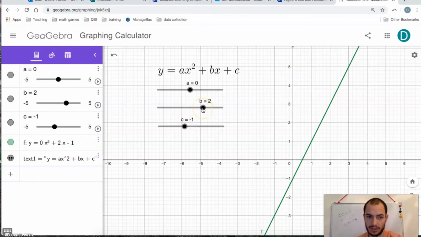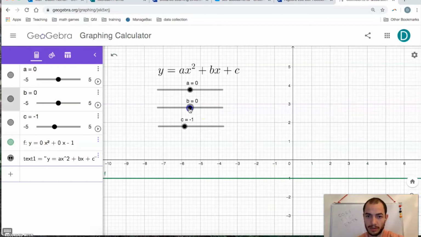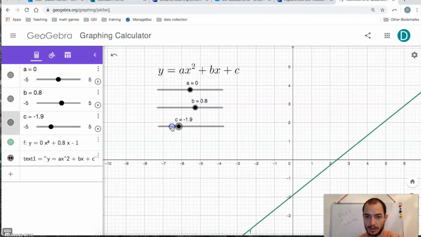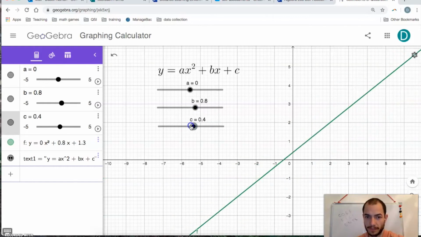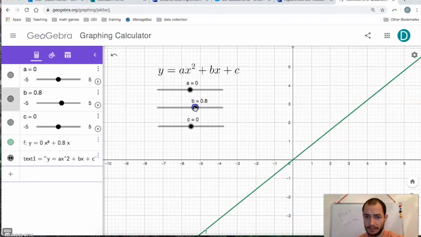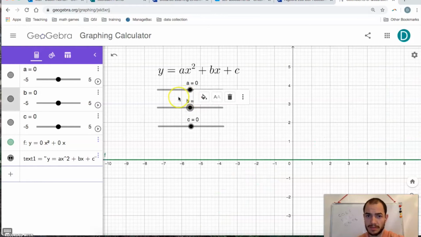We can change the slope by changing b around, and we can change the y-intercept by changing c. However, if we change a, something interesting happens. So let's see what happens if we start changing a, which is the coefficient of the x squared term.